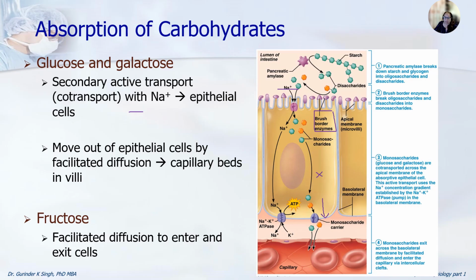Sodium is taken out of the cell by sodium potassium ATPase, which is involved in maintaining the resting membrane potential. Fructose enters the cell through diffusion, and it also exits the cell through facilitated diffusion.